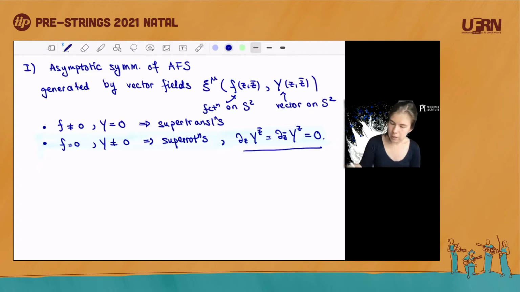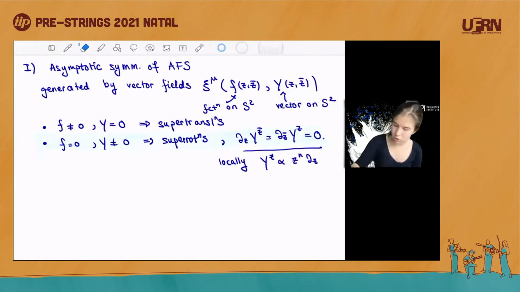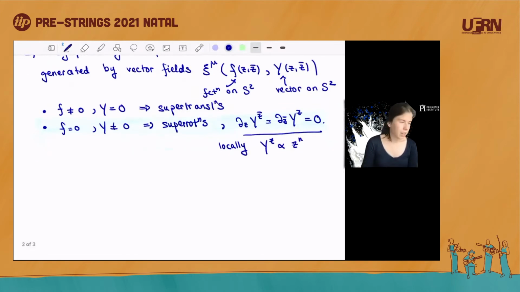And you may notice, as I said last time, that solutions to these equations locally take the form y^z proportional to z to the n. Let me just try z to the n, and similarly for y^z bar. Now, perhaps I haven't made it clear last time, but these y^z's actually generate the Virasoro algebra.